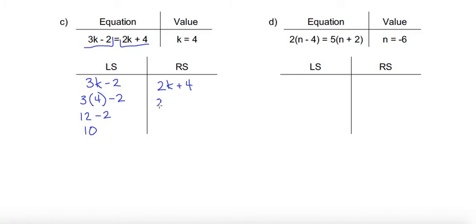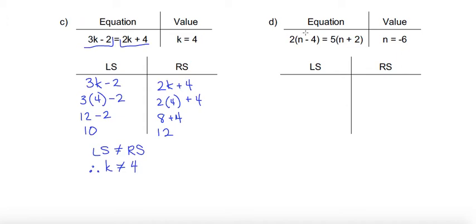I'm going to have 2 times 4 and then plus 4. 2 times 4 is 8, and 8 plus 4 is 12. So I know from these calculations that the left side does not equal the right side. Therefore, k does not equal 4.